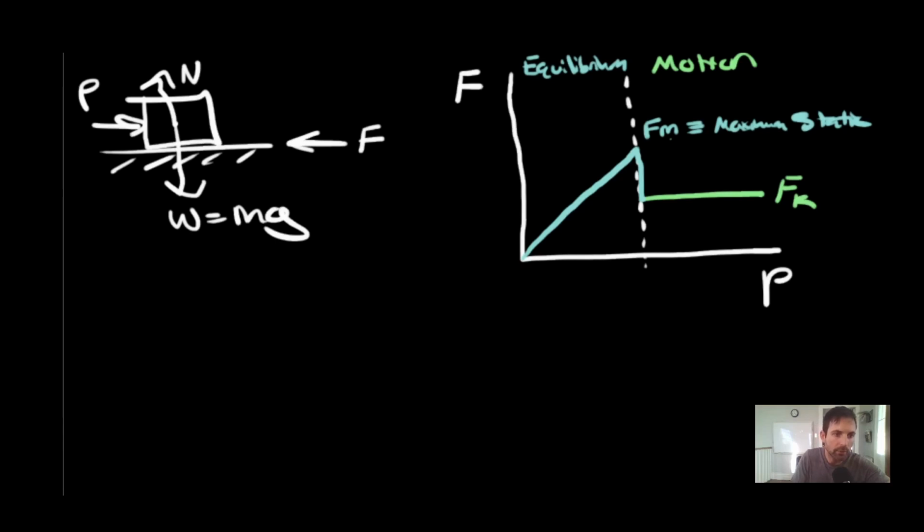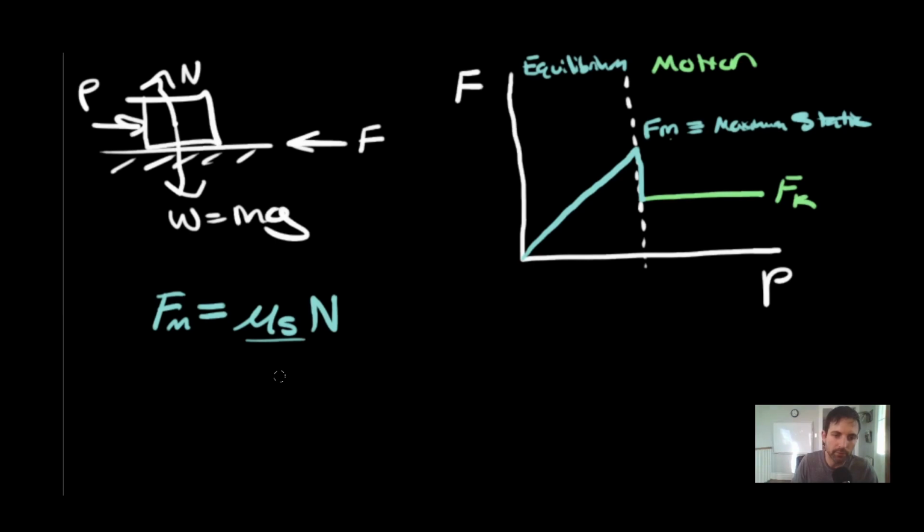This maximum force, or static force, is going to be equal to the coefficient of static friction multiplied by the normal force. So what is this coefficient of static friction? Basically, it is a constant that gives you the relationship between the two surfaces.